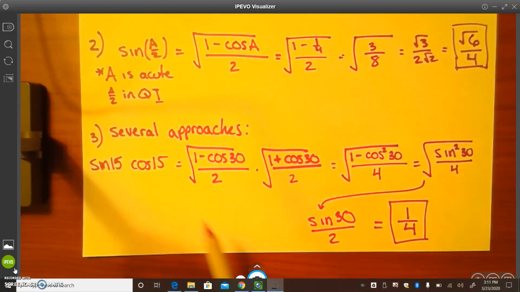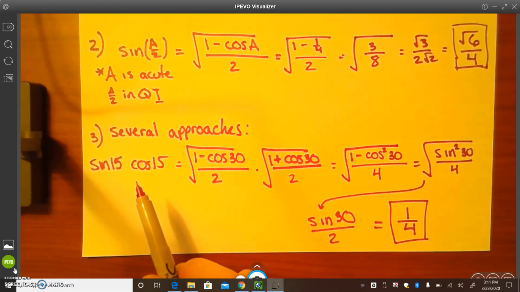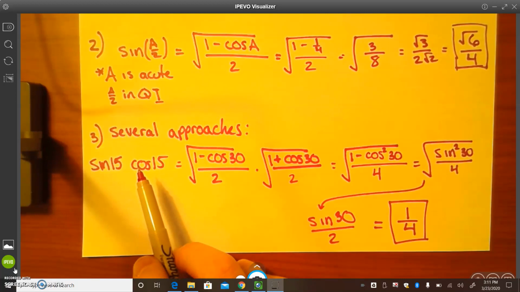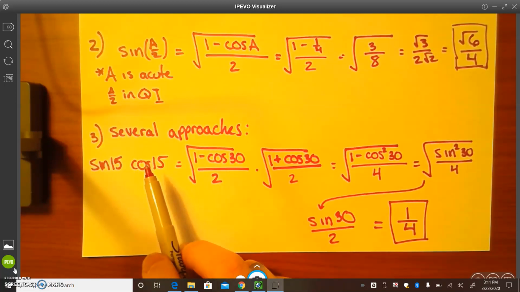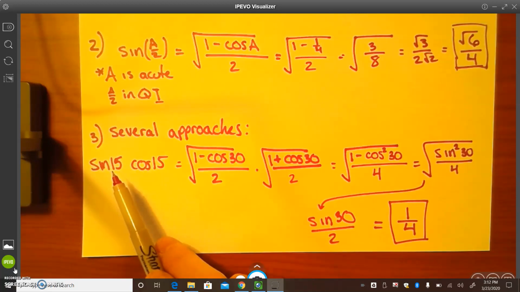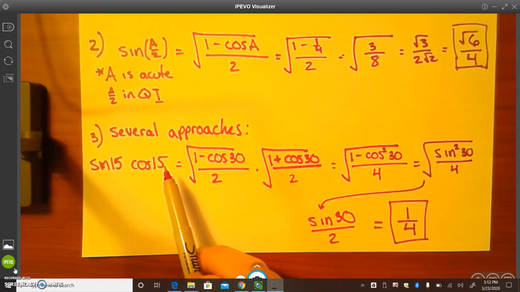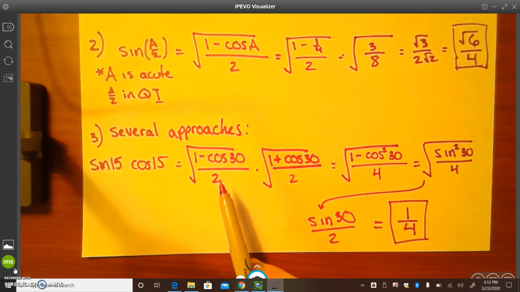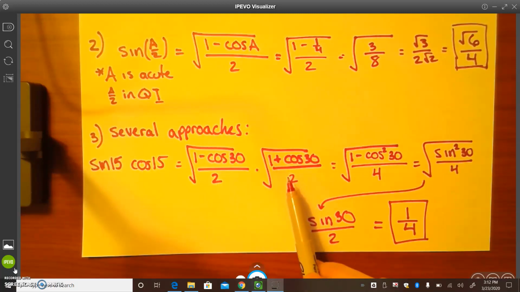And lastly, there are multiple ways you can approach this, and you're going to see with the more formulas we have, the more approaches you have to simplifying or evaluating. So I'm going to go with one that I suspect some people used. Simply recognizing that 15 is a half angle of 30, you can use both the half angle for sine and the half angle for cosine formulas, and a very nice thing happens when you multiply those together.